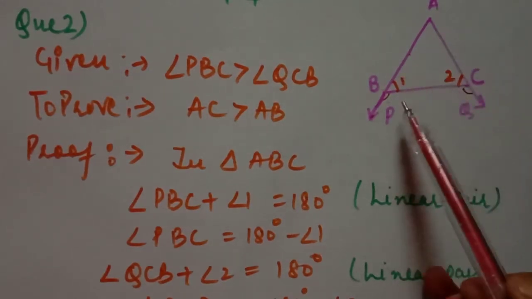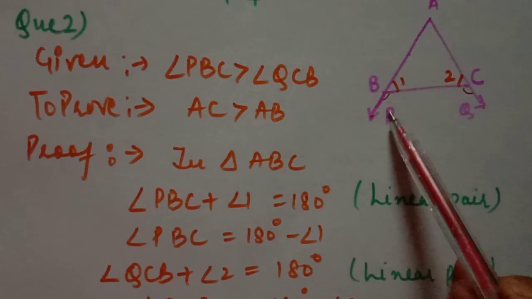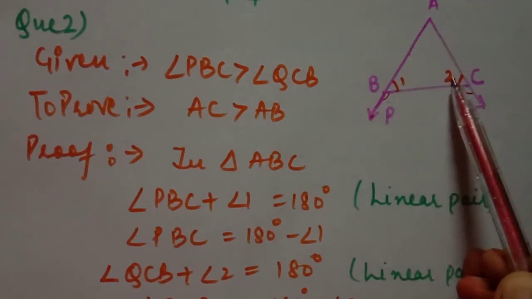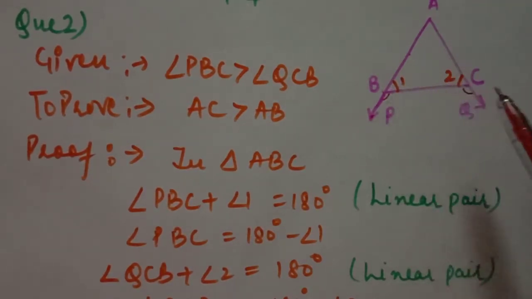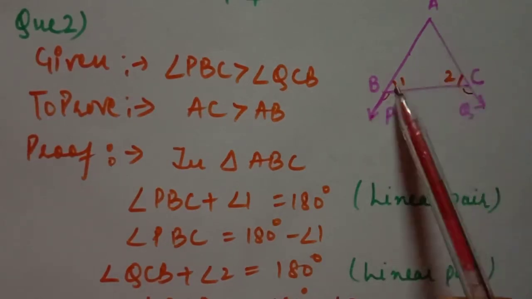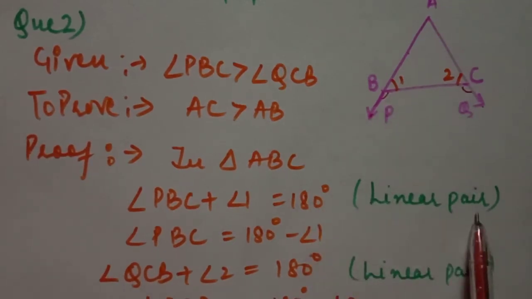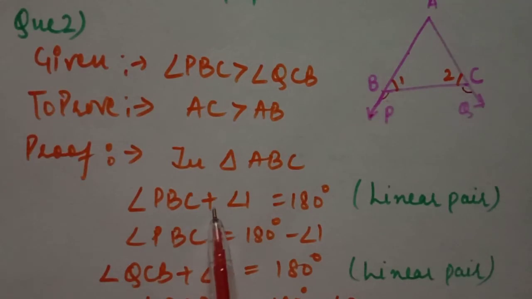So we will reduce PBC and QCB to angle 1 and angle 2. In triangle ABC, angle PBC and angle 1, the sum of these two angles is 180 because of linear pair. Now we will find the value of PBC from this equation. PBC is 180 minus angle 1.